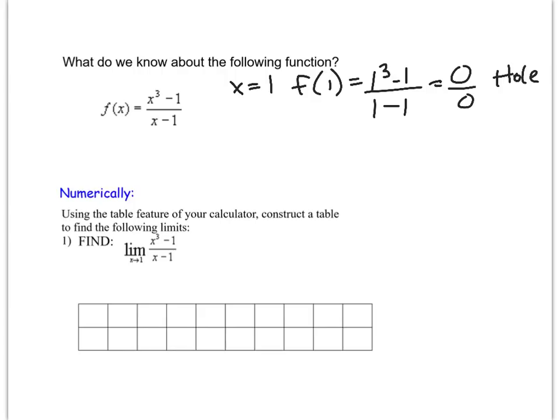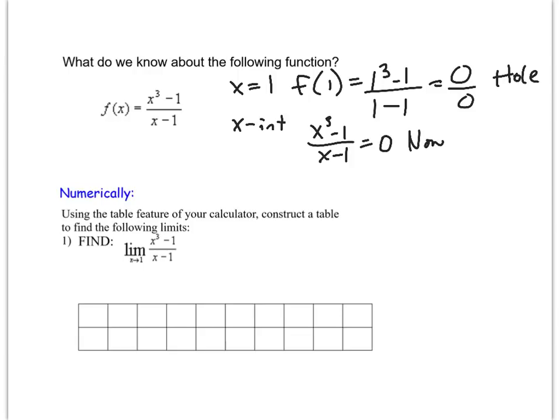We can also take a look at some important points for this function. For example, how about an x-intercept? When we set the numerator equal to 0 by letting y equal 0, we get x cubed minus 1 over x minus 1 set equal to 0, and it turns out that there are no x-intercepts.